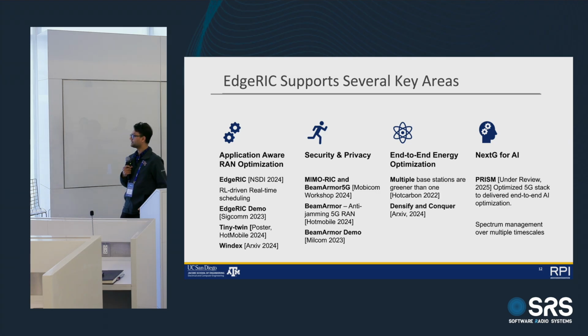I'm going to talk a little bit about that in this. We have built end-to-end energy optimization, and more latest work, Prism, is tightly integrating Janus and Edge RIC, and it provides a more AI-driven optimized 5G stack. So we'll focus a little bit on Edge RIC, and then I'll talk about some of the other applications.